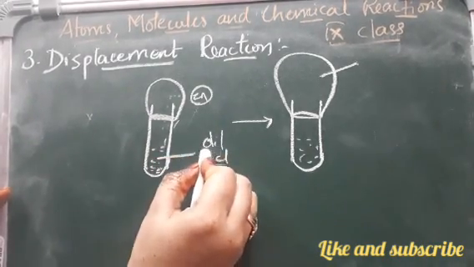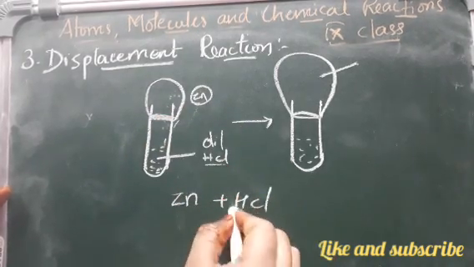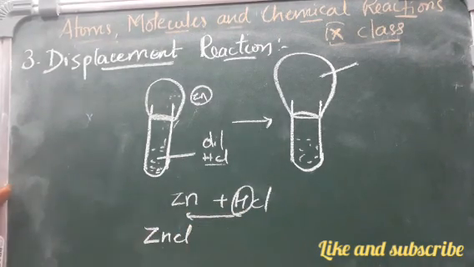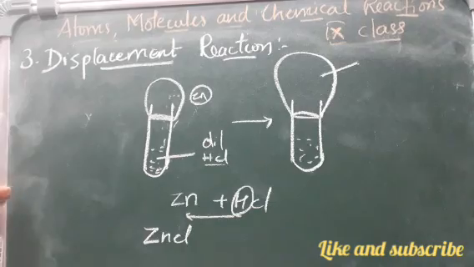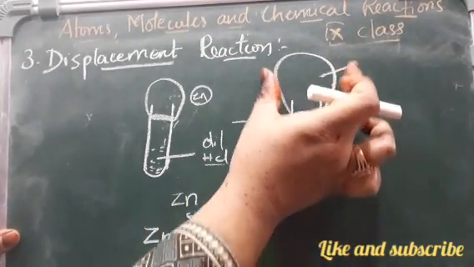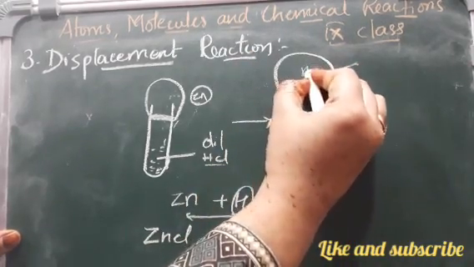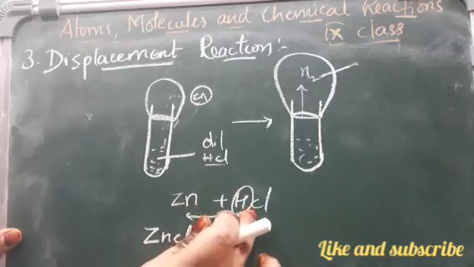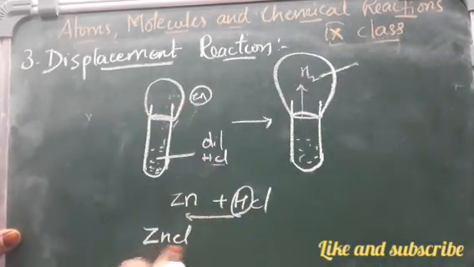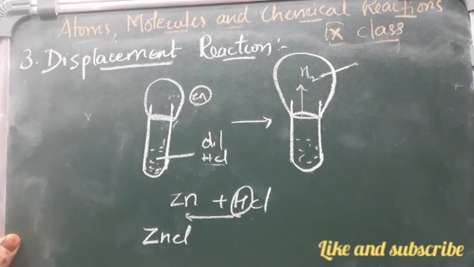The zinc is replacing the H, and it is becoming zinc chloride, and releasing hydrogen, and the hydrogen is bulging the balloon. So the balloon is filled with hydrogen gas, and the zinc is replacing the hydrogen, forming zinc chloride.